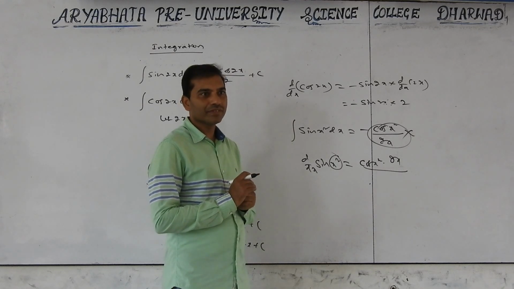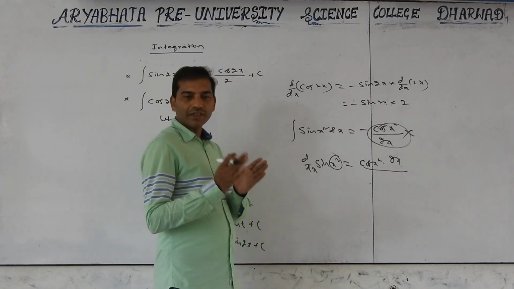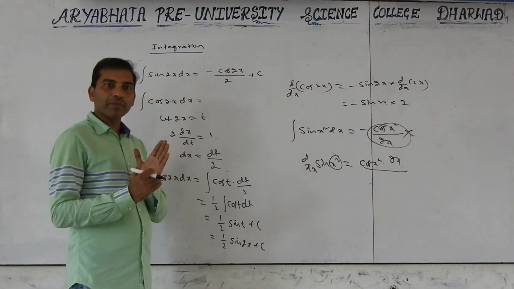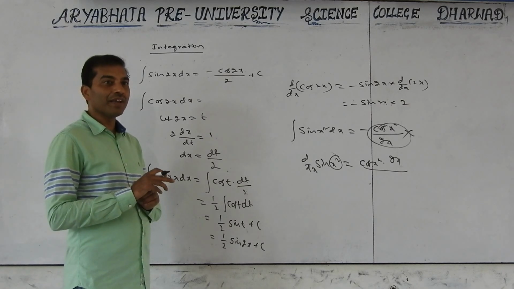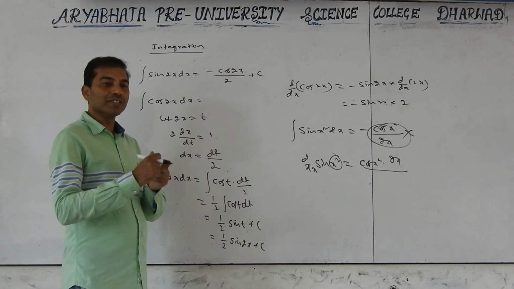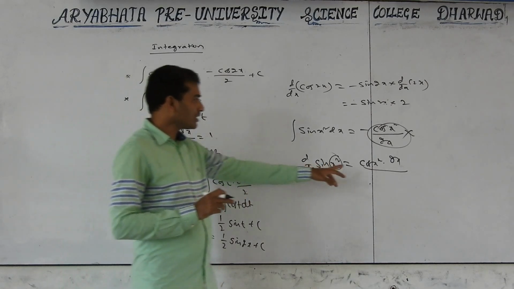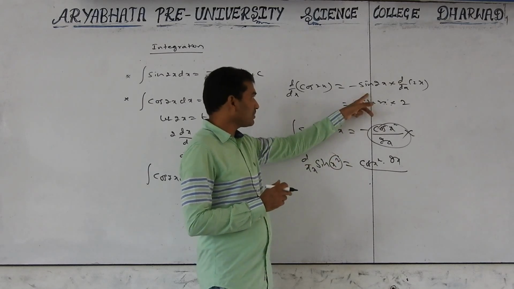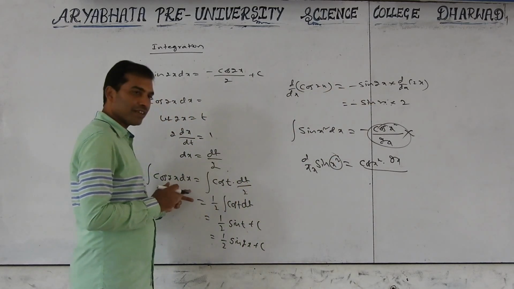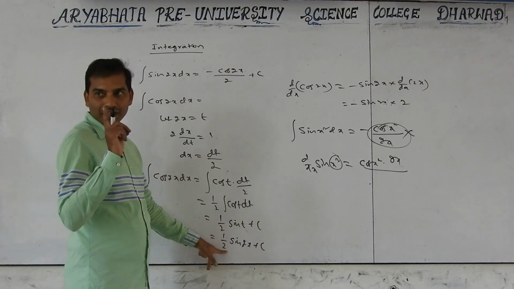That's why many students do problems easily in differentiation, but face problems in integration, because in integration problems they apply the differentiation concept. So this concept is not applied here, but the same concept is applicable when the factor is a constant, that is k.